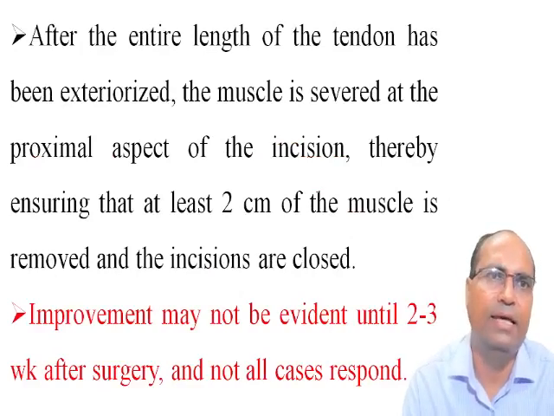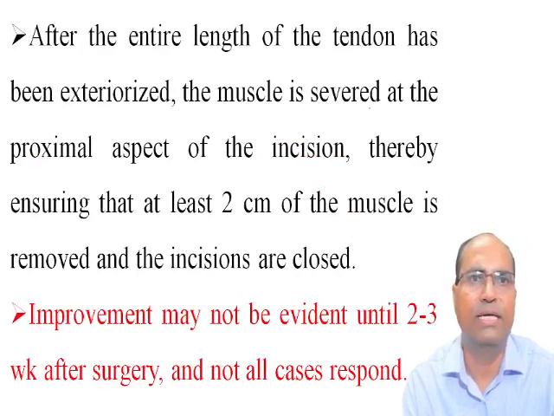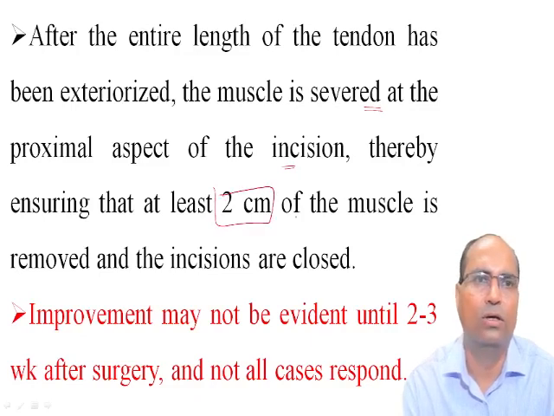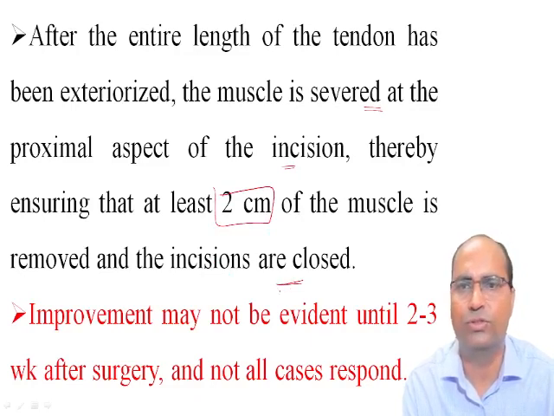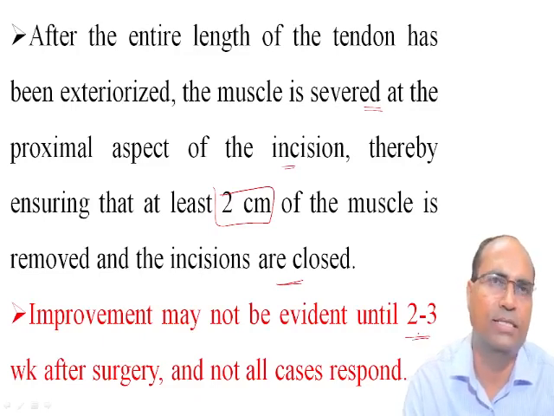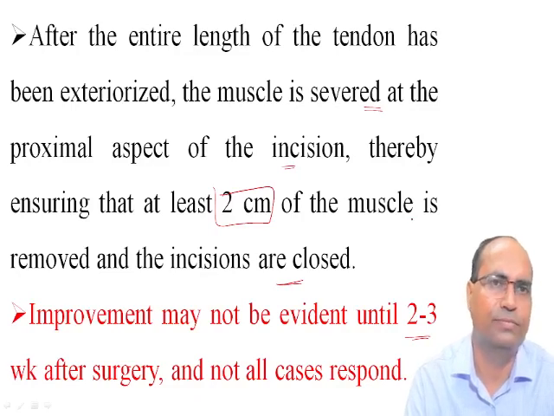After the entire length of the tendon has been exteriorized, the muscle is severed at the proximal aspect of the incision, thereby ensuring that at least 2 centimeters of the muscle is removed, and the incision is closed. Improvement may not be evident until 2 to 3 weeks after the surgery, and not all cases respond.